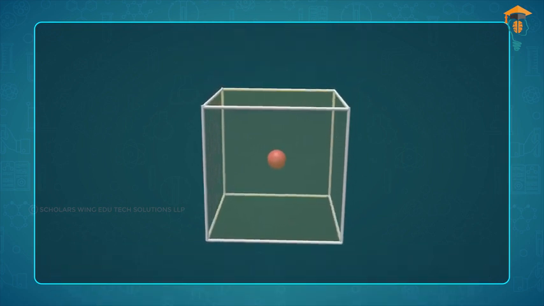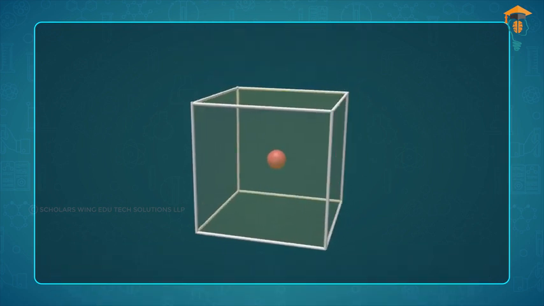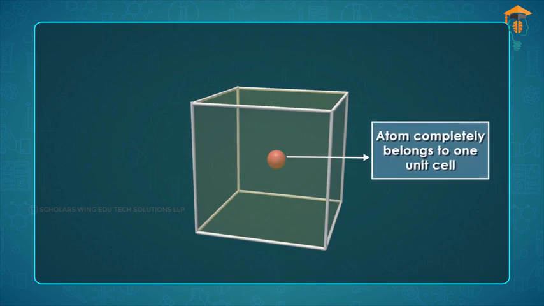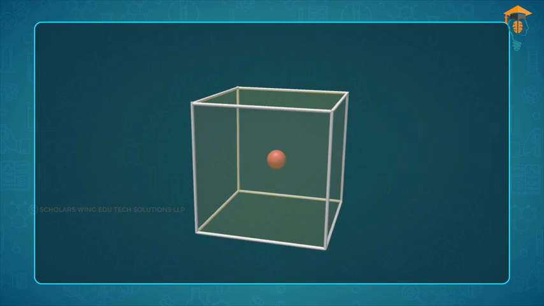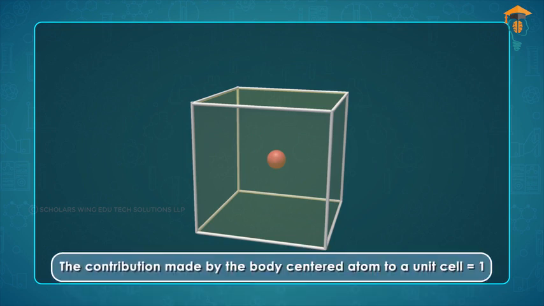But as you can see here, this atom is not shared by any of the neighboring unit cells, isn't it? Therefore, this atom completely belongs to that particular unit cell. Therefore, my dear friends, as the whole of the atom is belonging to one particular unit cell, obviously the contribution made by such a body-centered atom to one particular unit cell is 1.